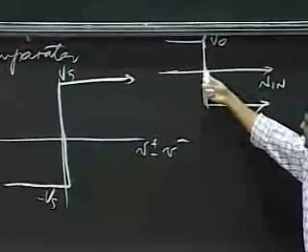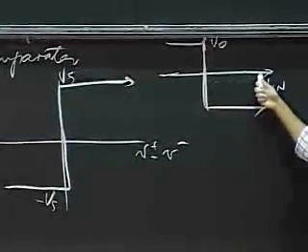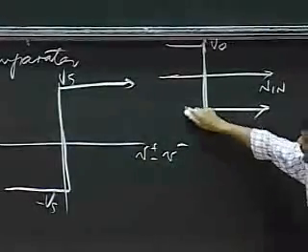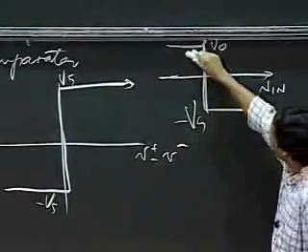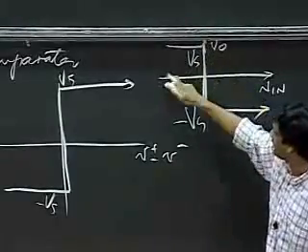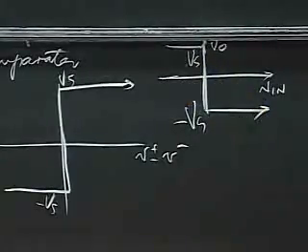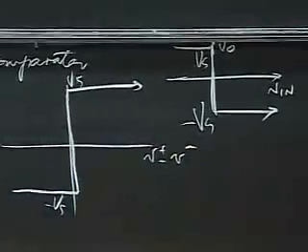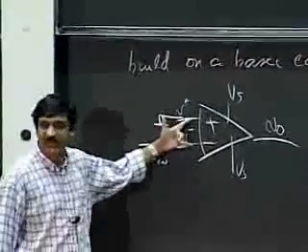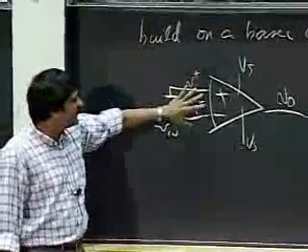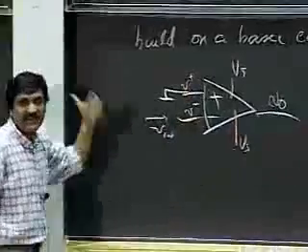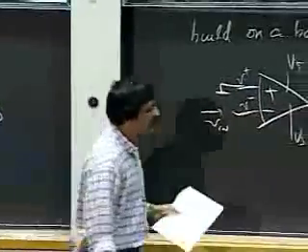What this says is that as the input becomes more and more positive, applied to V minus, then the output goes to minus VS. And if the input becomes more and more negative, then the output goes to VS. But this is what is called a very basic comparator circuit. It compares the two inputs and goes up if the input's in one direction and goes to the other rail if the input's in the opposite direction.